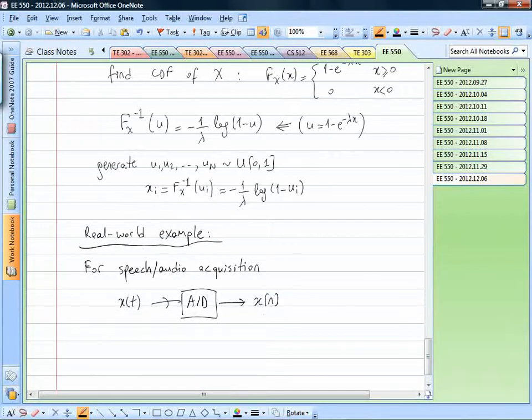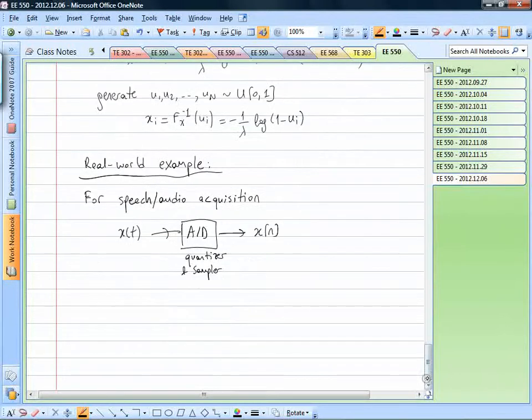So this is actually a digitizer, right? It both samples the signal and also quantizes, so it's a quantizer and sampler. But we will focus on the quantization part.